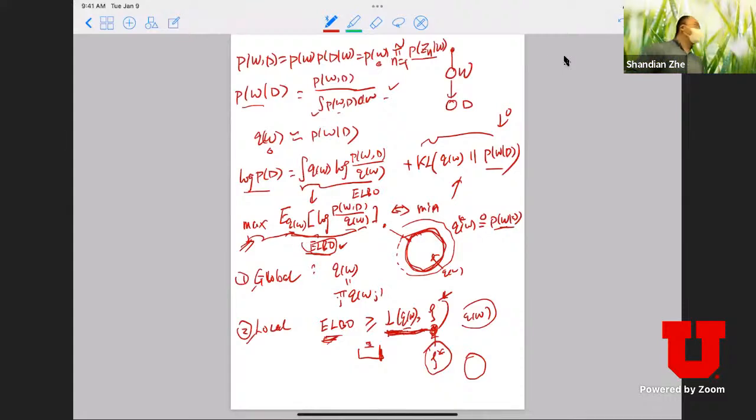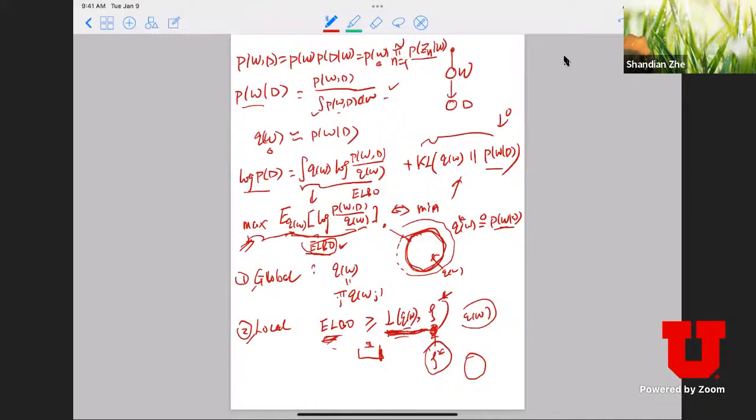The search over Q of W is now moved to a search in the space of C. So local variational inference is an augmented or auxiliary approach. You're introducing a set of new parameters to get a relaxation of the ELBO, which is usually a lower bound of the ELBO.